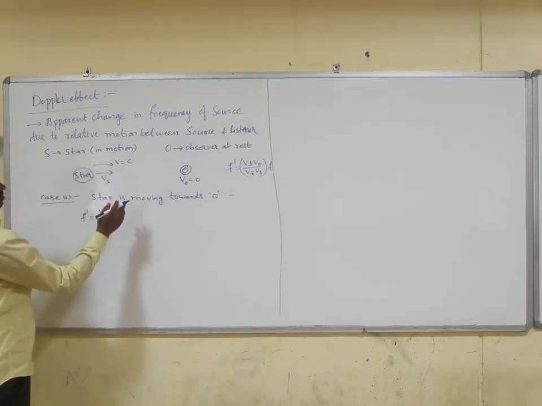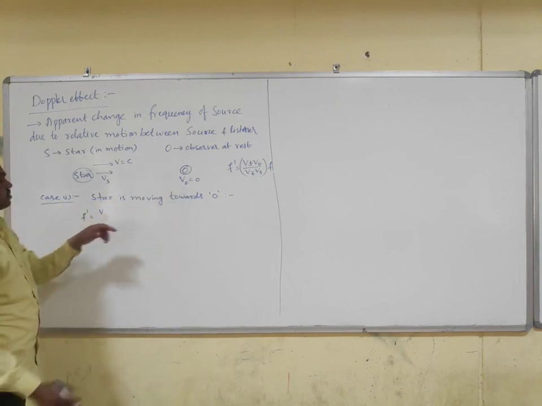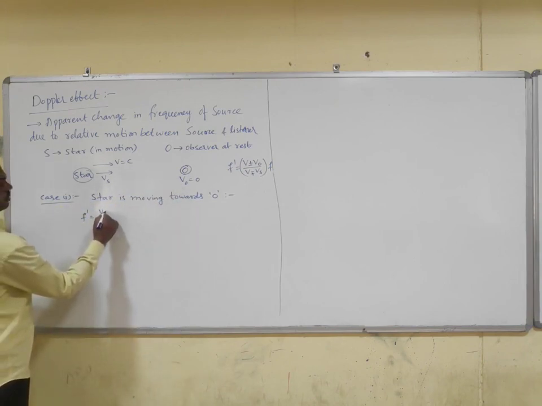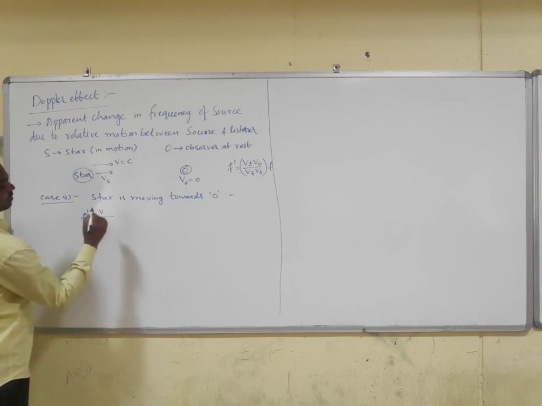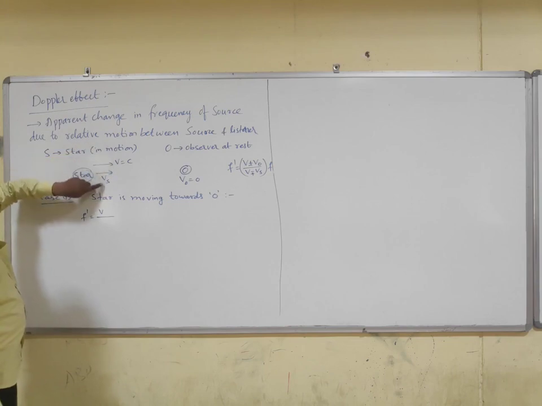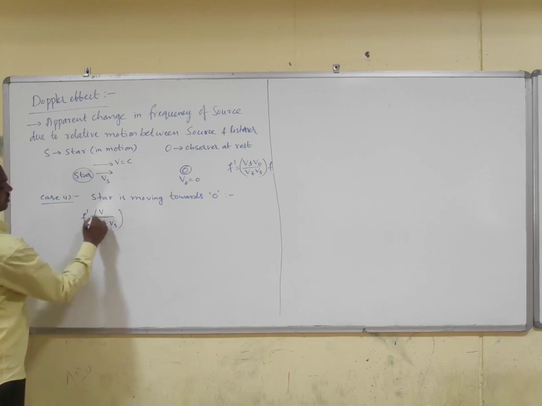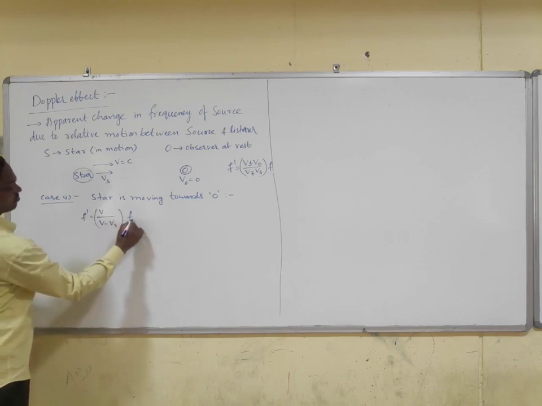Here Vo is the observer velocity, the observer is at rest, so it is V by V minus Vs into Fs, since light and source are both moving in the same direction.